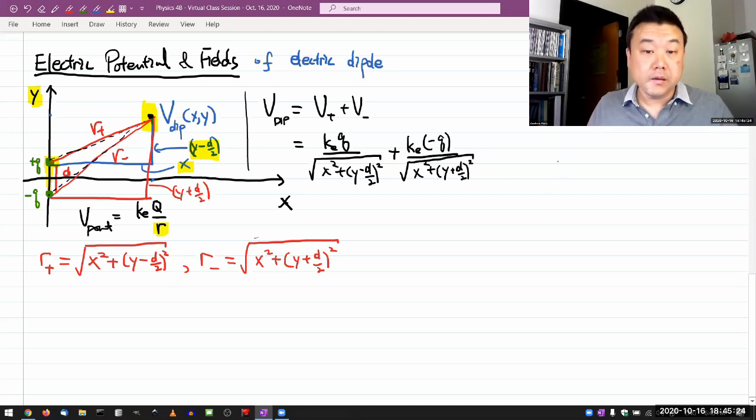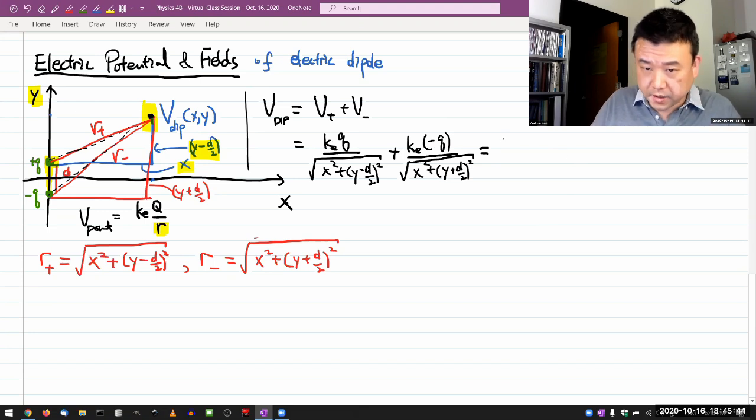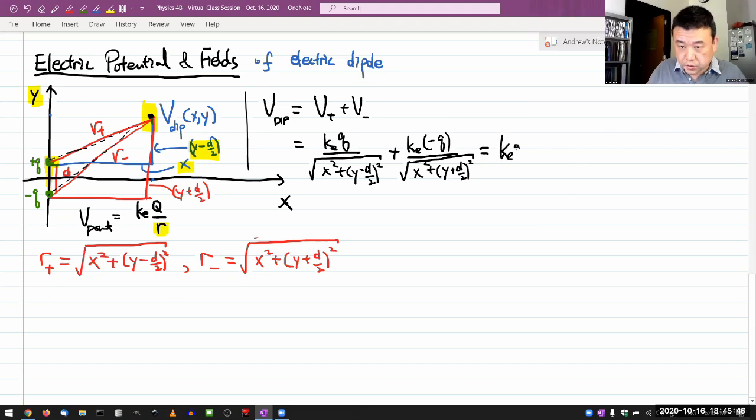You can simplify this a little bit. Let me first do the simplification that I can, which is I can factor out k times q. So let me do that first, kq.